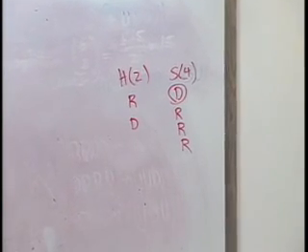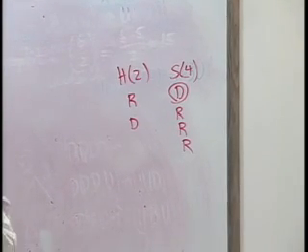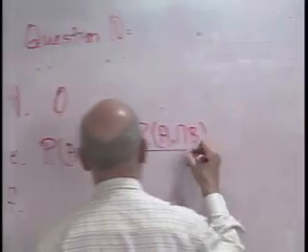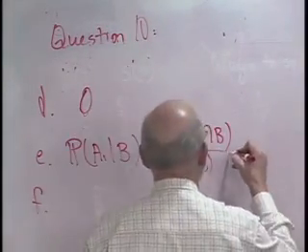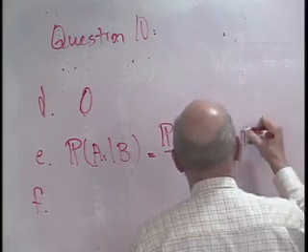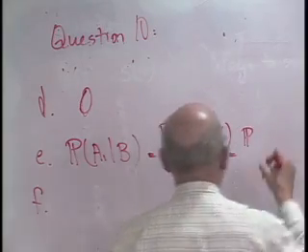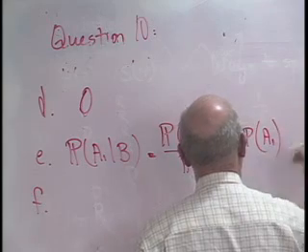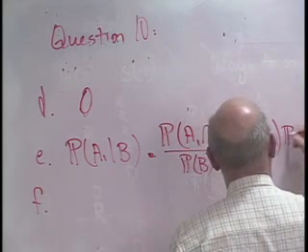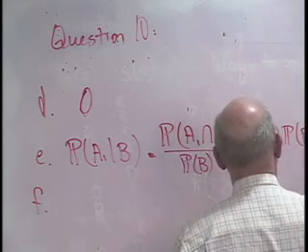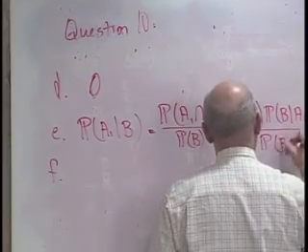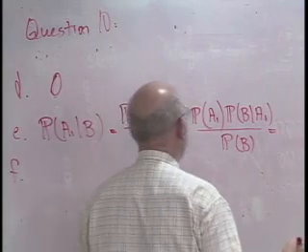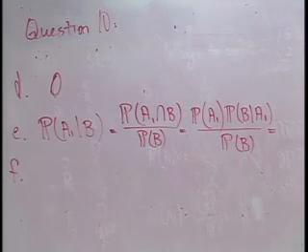That's the probability of A1 intersect B over the probability of B. And this is the probability of A1, which we calculated, times the probability of B given A1, over the probability of B. The probability of A1 worked out to 8/15.